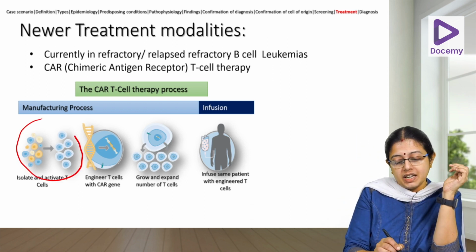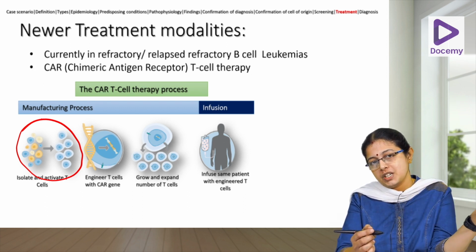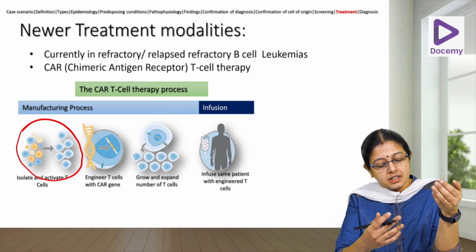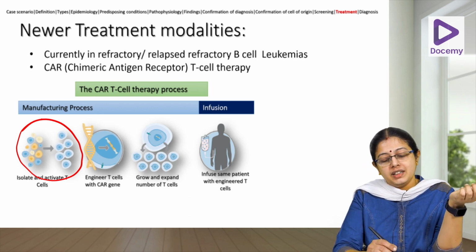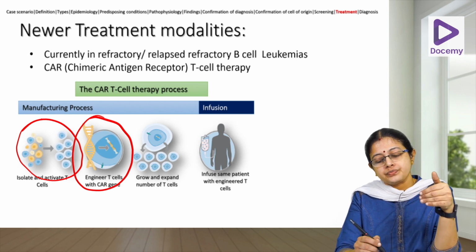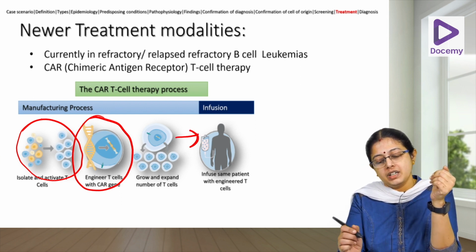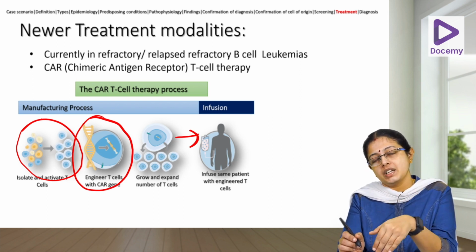So here what do they do? They isolate and activate the T cells. The T cells are taken out from the patient's body. It is activated. Then the chimeric antigen receptor is incorporated into it. These cells are made to proliferate, and the same cells are transfused back into the patient.